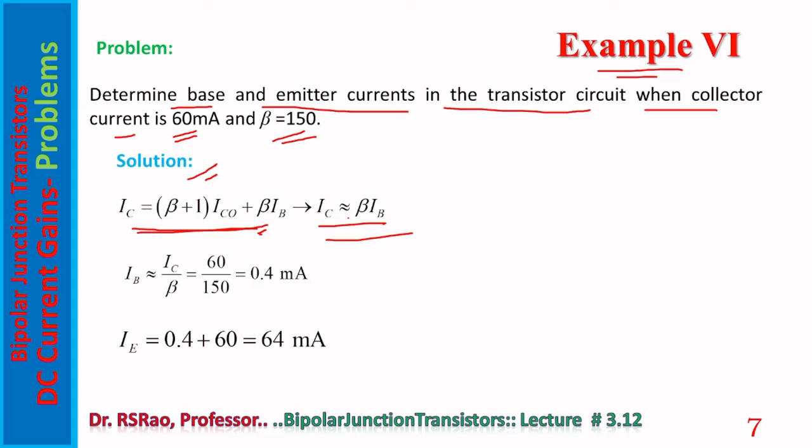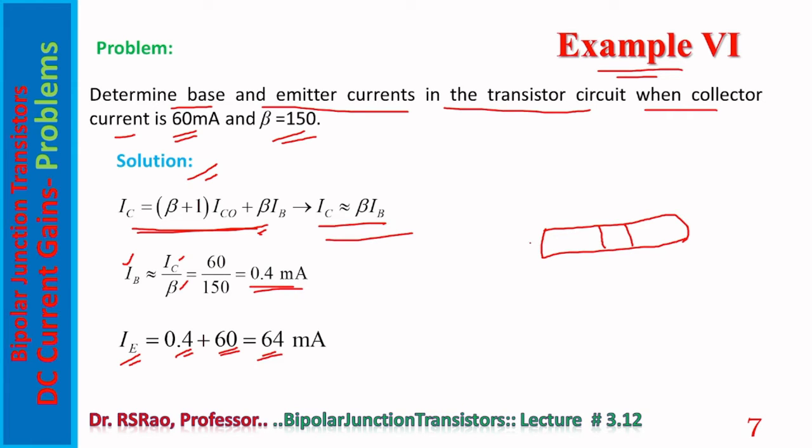Roughly it is IC equals beta IB. From this, IB is IC by beta. IC is available, beta is available, IB can be determined. It turns out to be 0.4 milliamperes. IE is base current plus collector current. In the present case, it turns out to be 64 milliamperes.